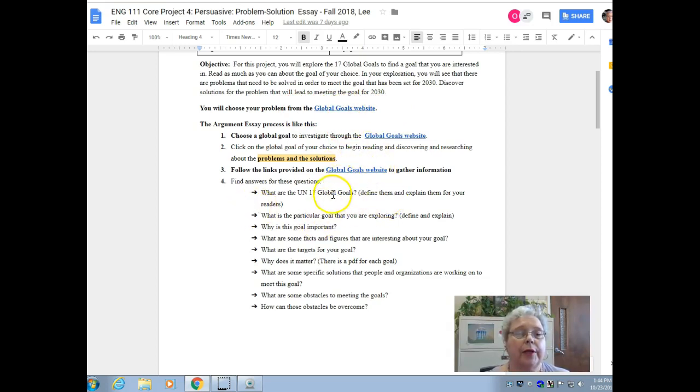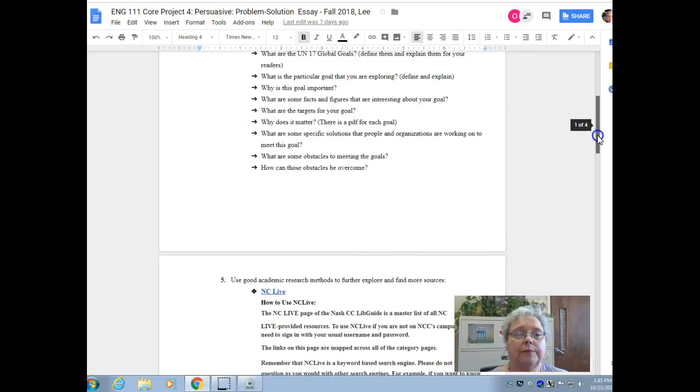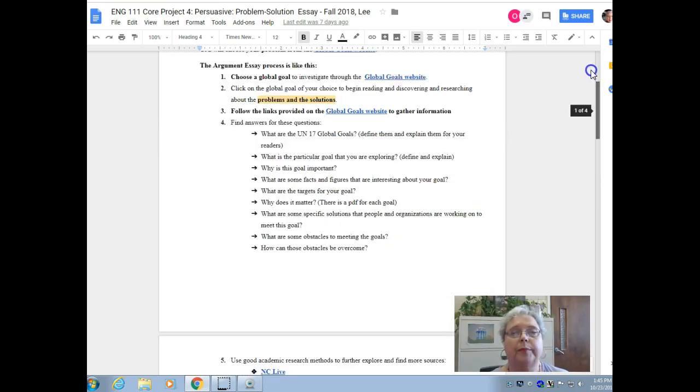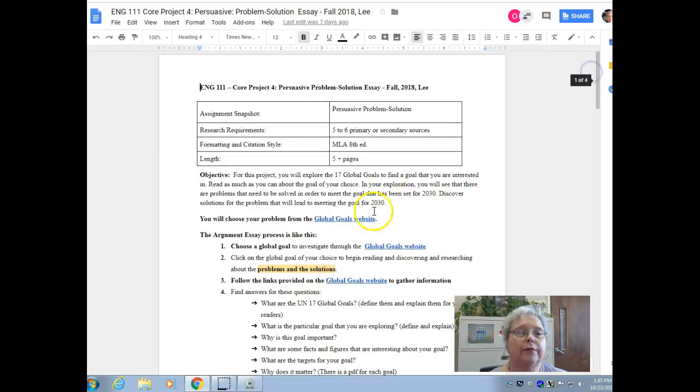And so now that you've committed to one of those goals, you're getting some background information. I gave you this list of questions last time to be looking at. And now we're going to look for some solutions that will help meet that goal. All this information you can find at that website that is linked here first, the Global Goals website.